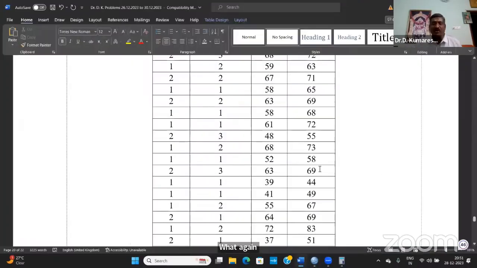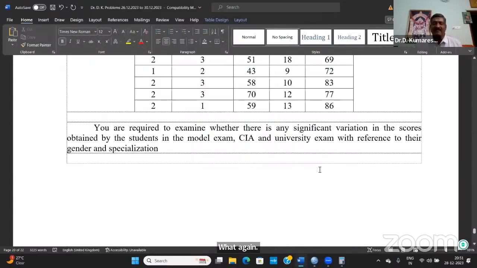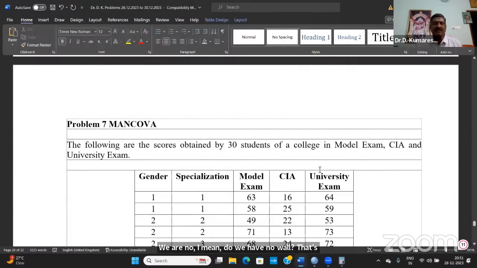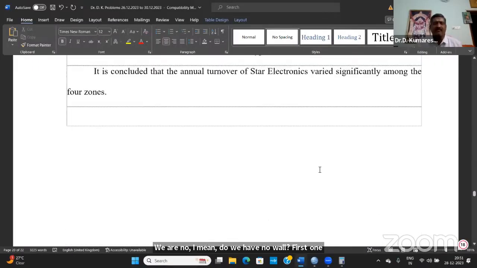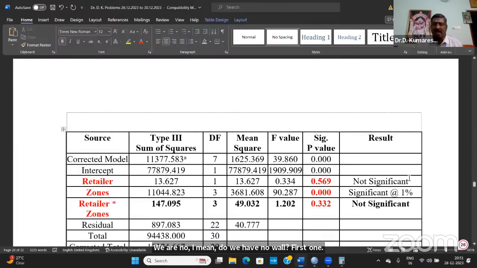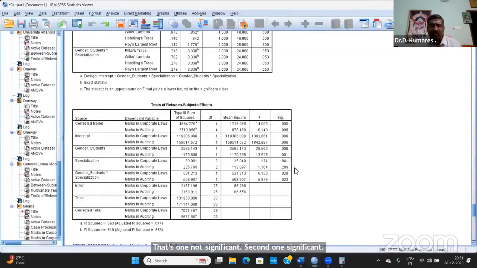Two-way Anova said first one not significant, second one significant, interaction not significant. But here, first one significant, second one not significant, but interaction is significant because of the sum of squares that may have given some impact. That is why interaction is significant here.